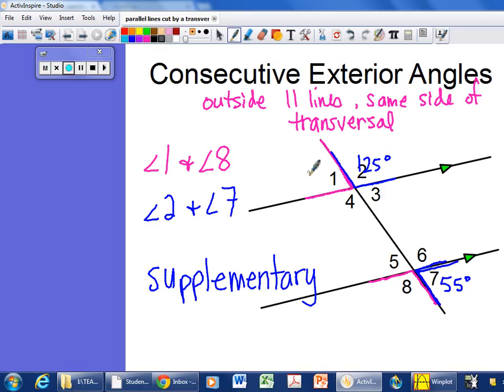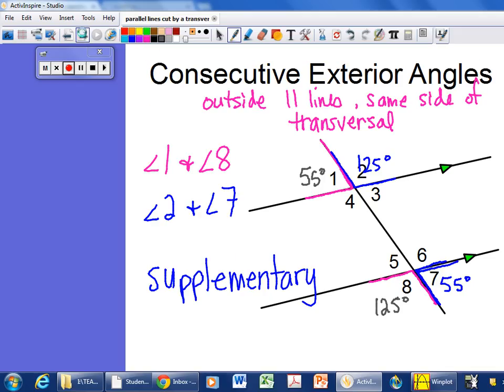Okay, likewise over here, this one would have to be 55 degrees, because these two add up to 180, and this one is going to be 125. These two add up to 180. In fact, when we do the proofs, we will use substitution and the definition of a linear pair in order to do the proof of this theorem. This says consecutive exterior angles are supplementary. Okay, so those are your 4 different types of angles.